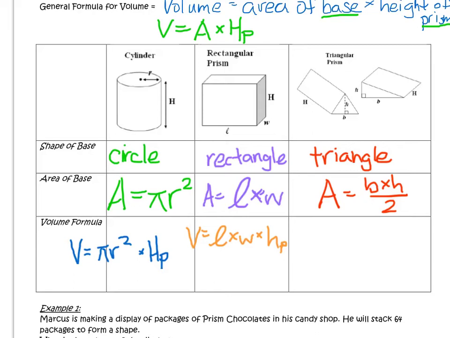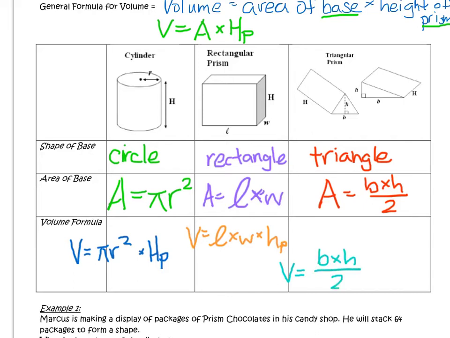Putting it all together, what would be the volume formula for a triangular prism? Philip. Isn't it like pi times 2 and then, wait, no, I don't know. Jordan? Base times height divided by 2 times HP.